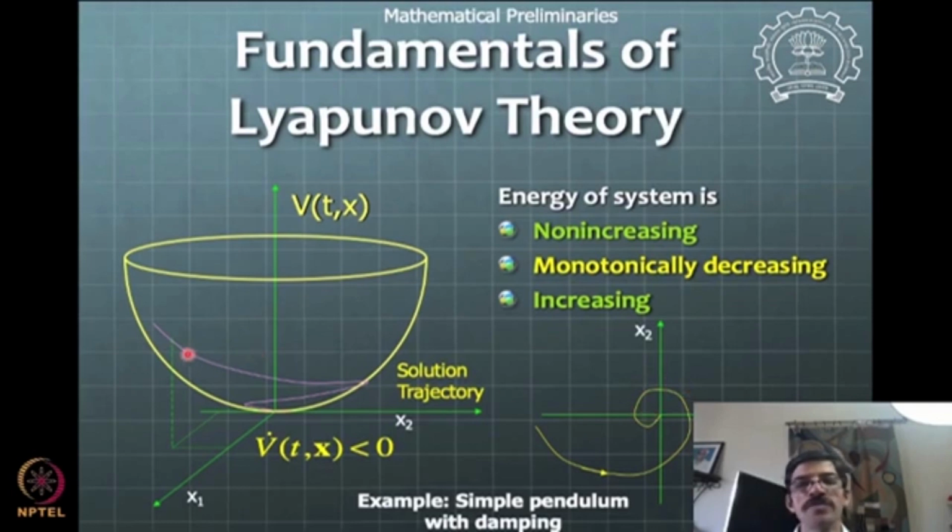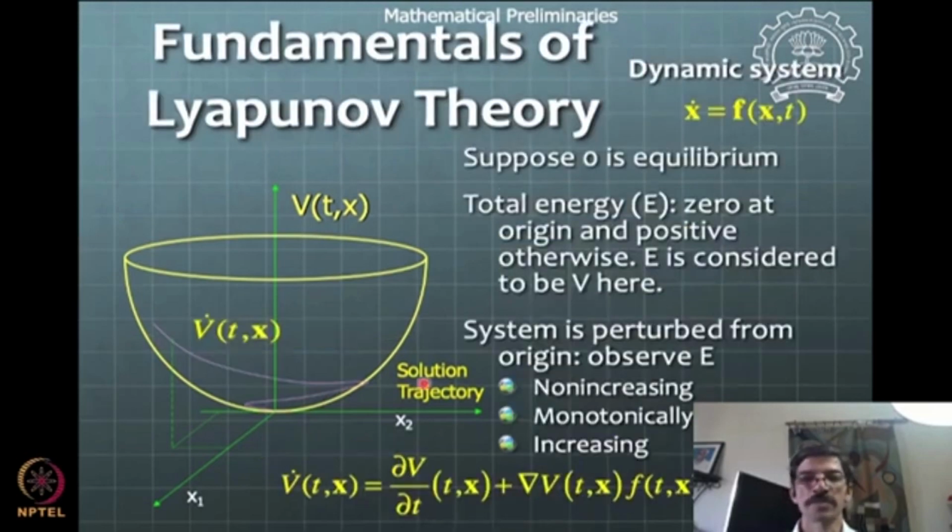So what we are doing is actually getting conditions without the solution in place. What we are looking at is just V dot. Is V dot less than 0 or not? We are not really looking at it as if the solution is available and we are projecting the solution and seeing that. No, we are getting these conditions directly based on the V dot computation as per this previous formula.